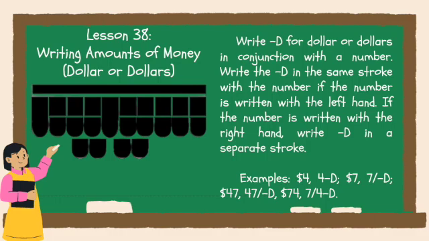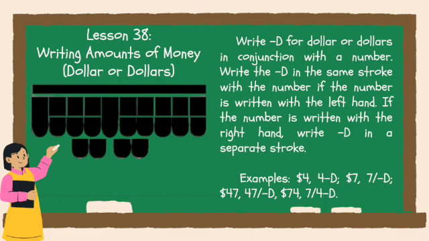How about $7? How are we going to write it? Since we are using our right middle finger to type or write number 7, we type final D or dollar separately, on a separate stroke.